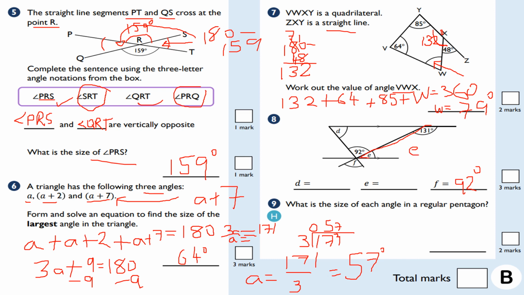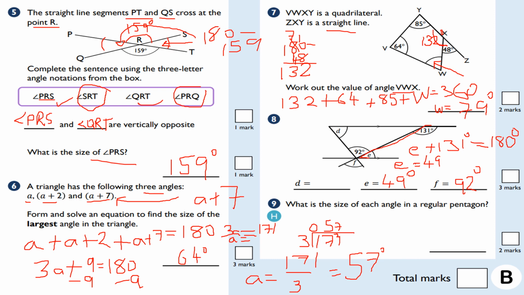So E plus 131 has to equal 180. Okay, rearrange this so E is the subject. Okay, 180 take away 131. That will give us 49 degrees. So E is equal to 49.